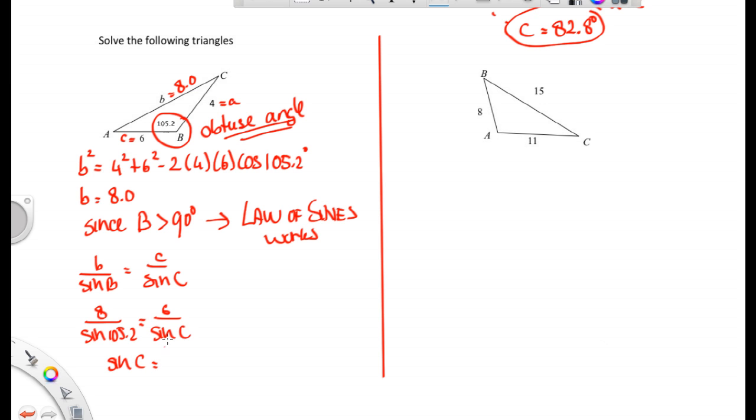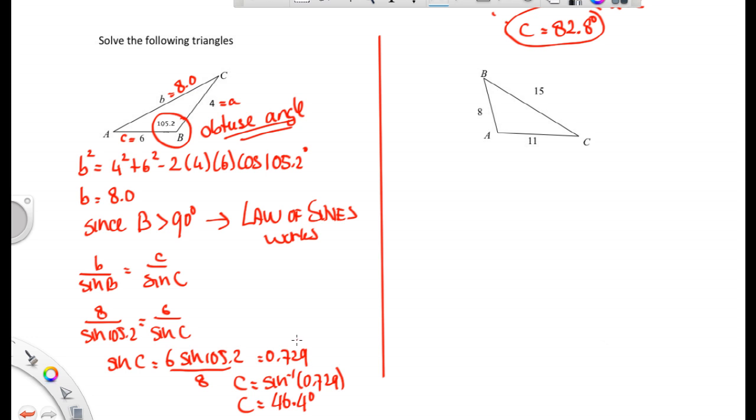So the sine of c is 6 times the sine of 105.2 divided by 8, and that is approximately 0.729. So that means that c is the inverse sine of 0.729, so c would be 46.4.